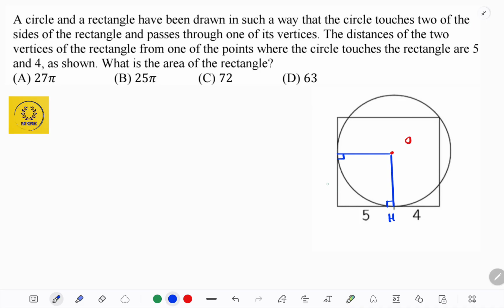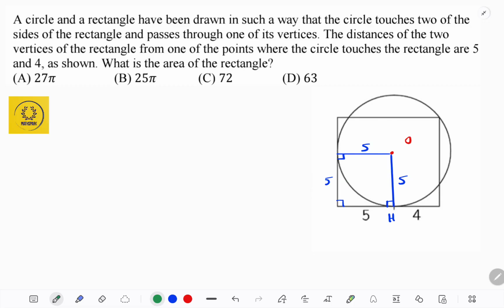So this part is 5 as well, and because this is a right angle here, we found that this shape is a square. So the radius of this circle is 5. So far so good.